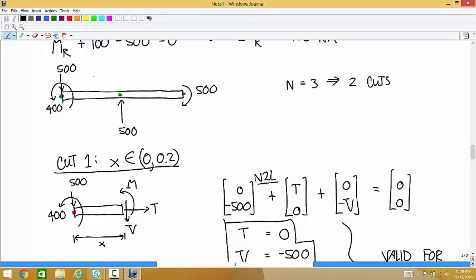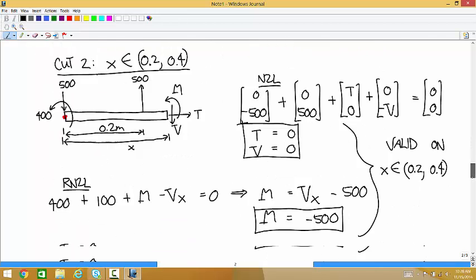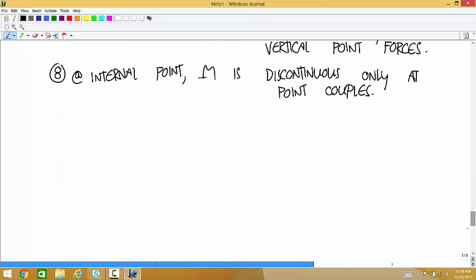So when you see a point couple it will look like this. And there's nothing like that, so. Any other questions? All right, so now distributed loads, internal loads with distributed loads.